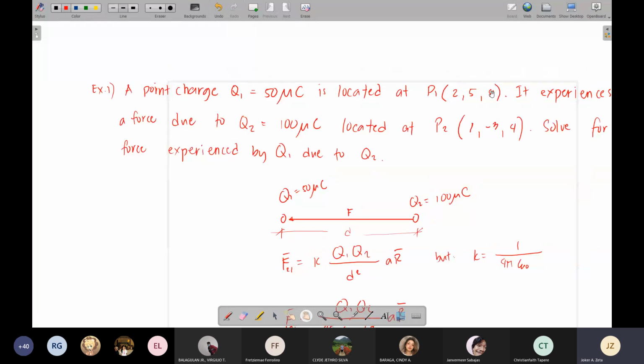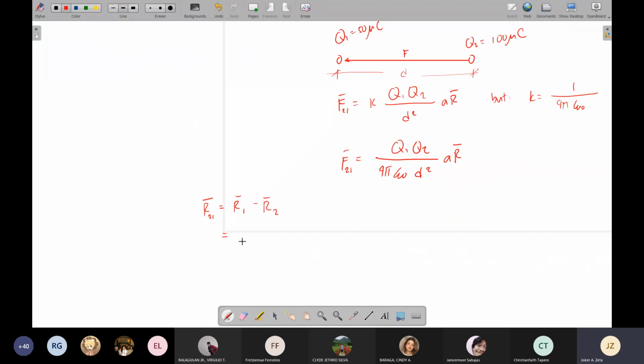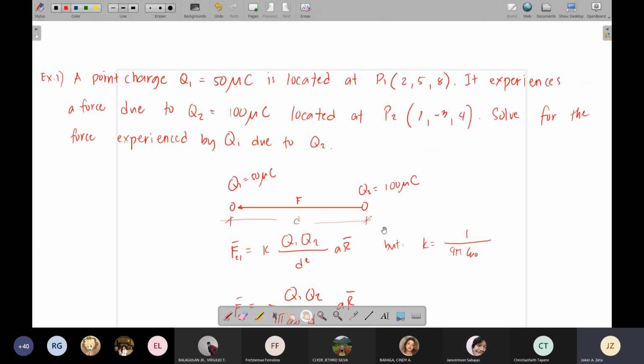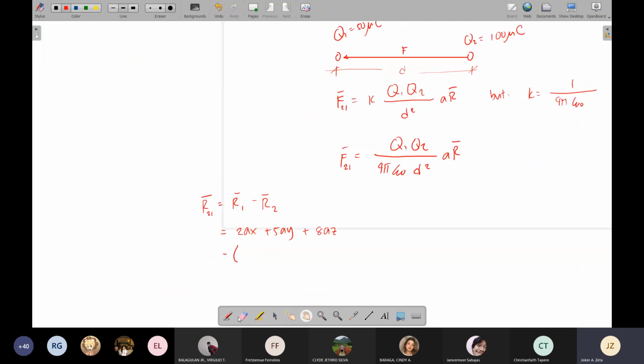Since point 1 is located at (2, 5, 8), the vector of point 1 would be 2ax plus 5ay plus 8az, minus the vector of point 2. The vector of point 2 is (1, -3, 4), that would be ax only, I did not put a 1 because it is understood, minus 3ay plus 4az.